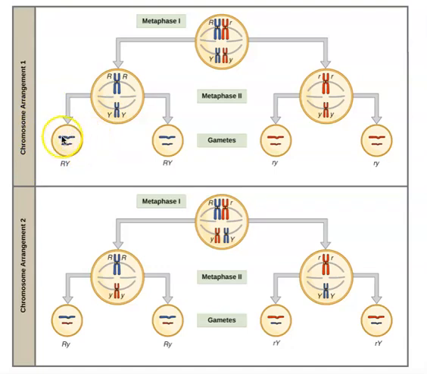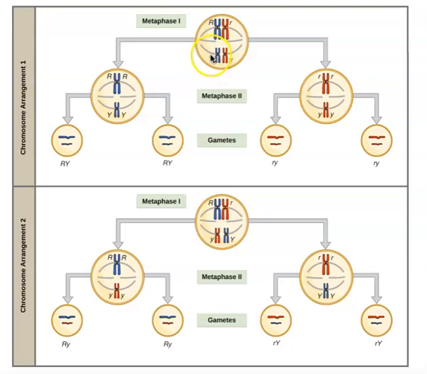Okay, so that would be segregation. But in independent assortment, you don't only consider one gene, let's say eye color, you consider another gene or many other genes. Let's say in this other chromosome, there's the gene for height. Okay, dominant being tall, recessive being small.